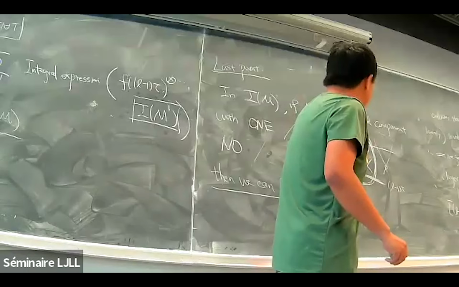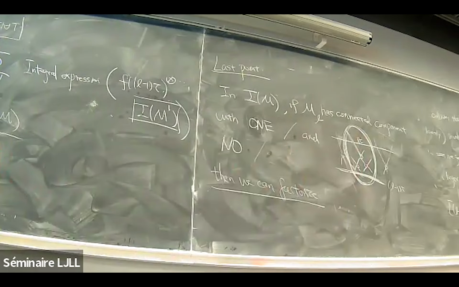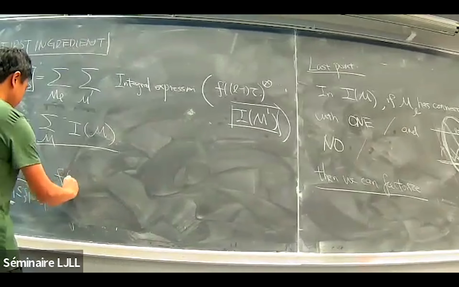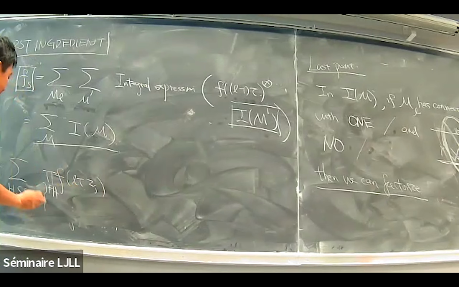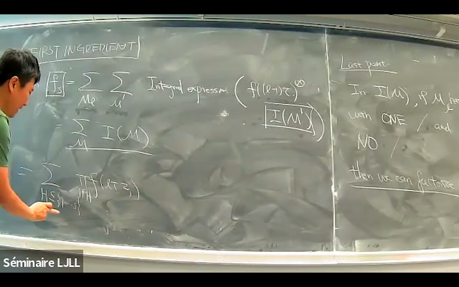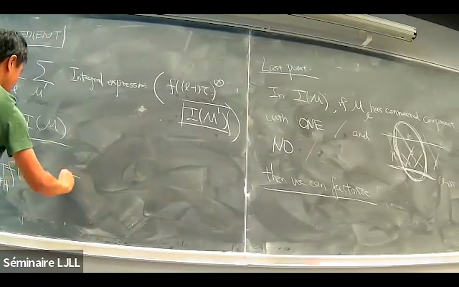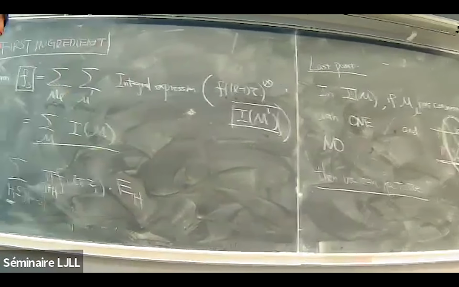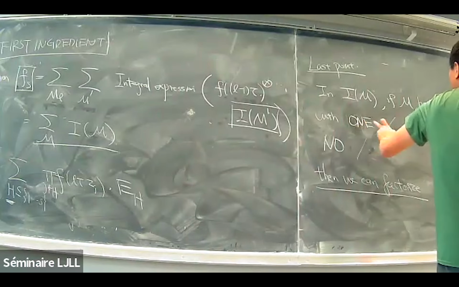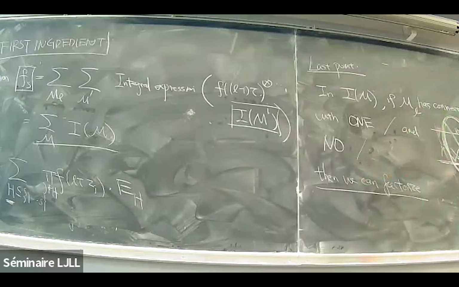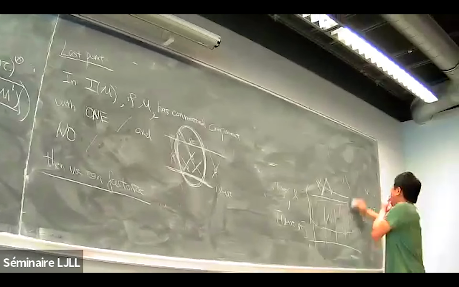If you have a component like this, then this will be factorized. So H is those factorized, and what is E_H? E_H is just all the components that contain at least two blue or at least one red. So let me summarize.